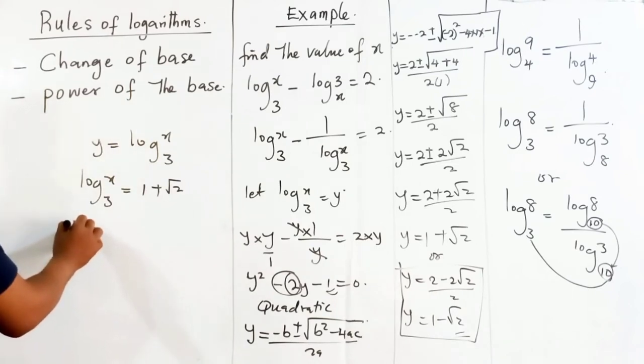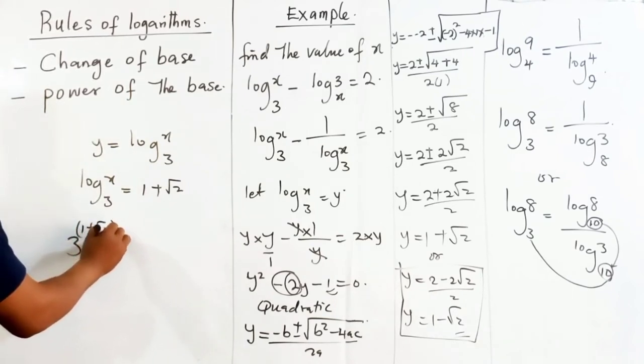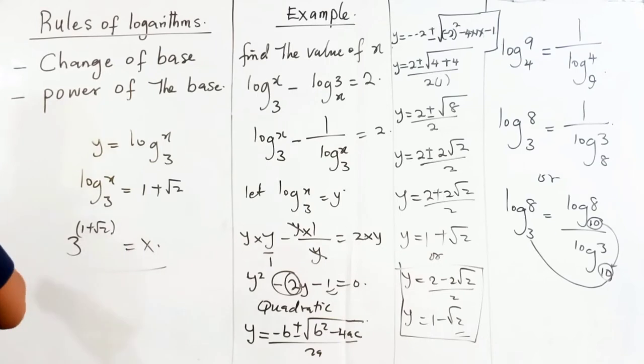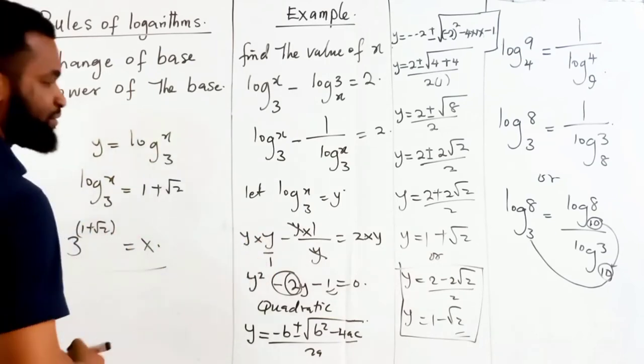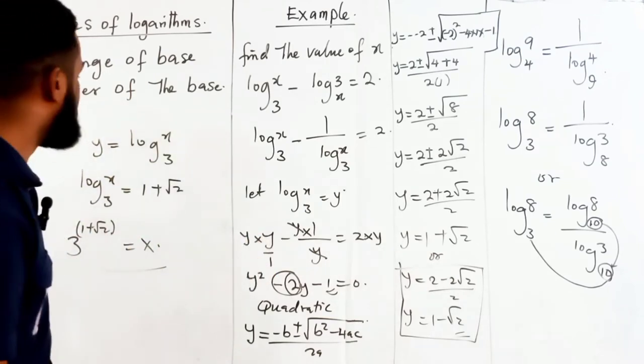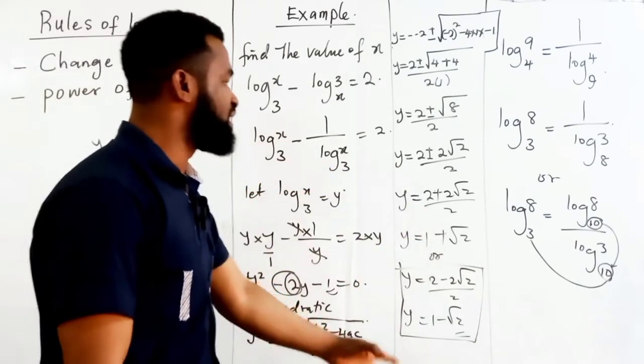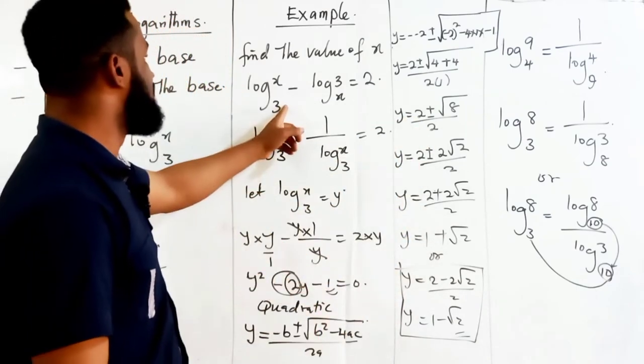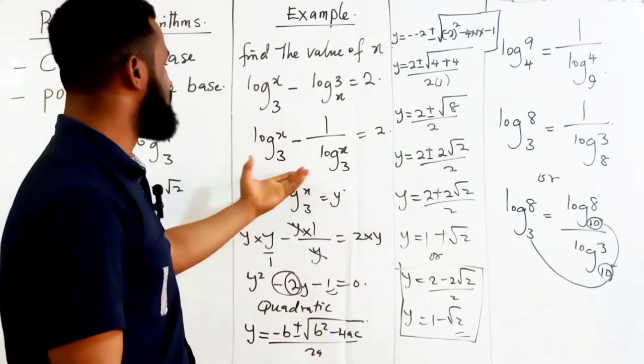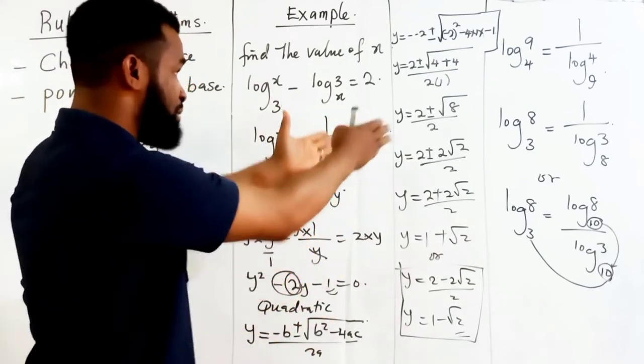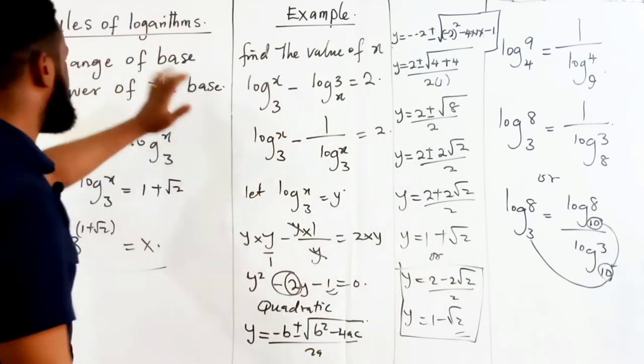This is 3 raised to the bracket 1 plus root 2 is equal to x. That is what my x is, and vice versa for the other expression. But remember, all this I'm solving is not really the main thing. The main thing I want you to know is how the base could change and become the same by the principle of change of base.